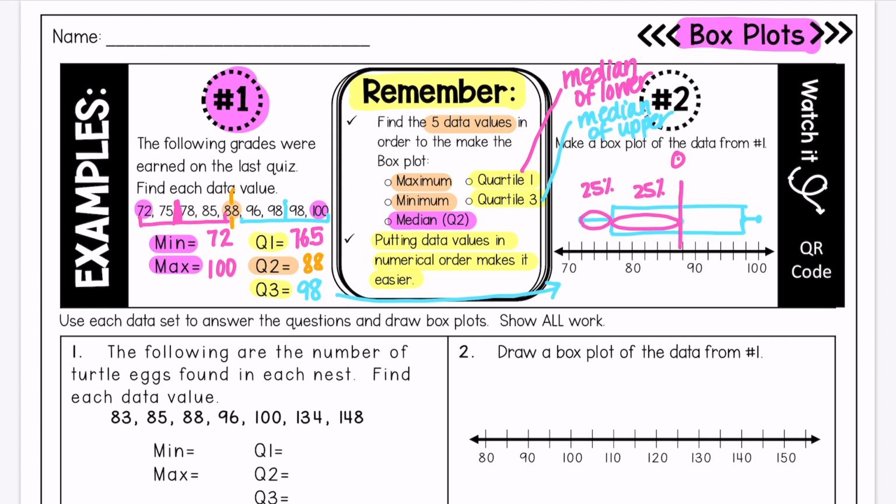This is where your Q2 is. So 50% of your data is that way, half your data, and another 50% of your data is that way. So each one of these groups is breaking it up into quartiles or quarters so that you get 100% of your data. So that's basically what a box plot is doing.